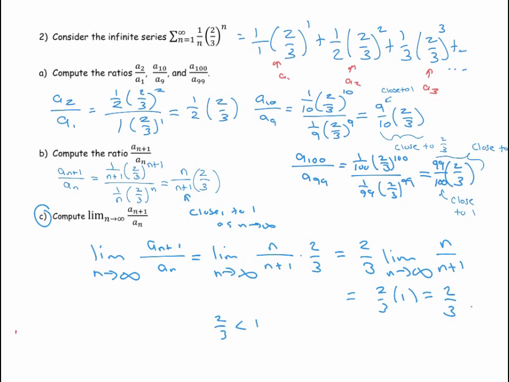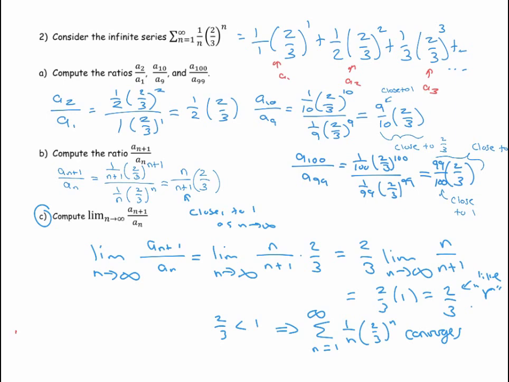Since this is less than 1, we're going to be bold enough to say that this series, which is not geometric, converges as well. We're treating that 2/3 like our r value in the geometric series, and so we steal that criteria.